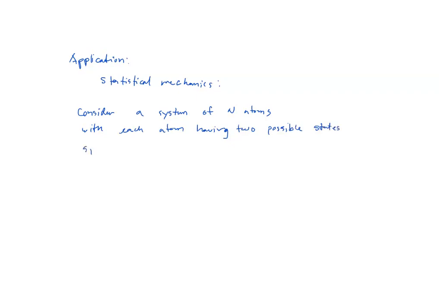We have spin up and spin down. Okay. When we talk about spin, ito yung, for example, may atom ka, ito yung magnetic spin niya.